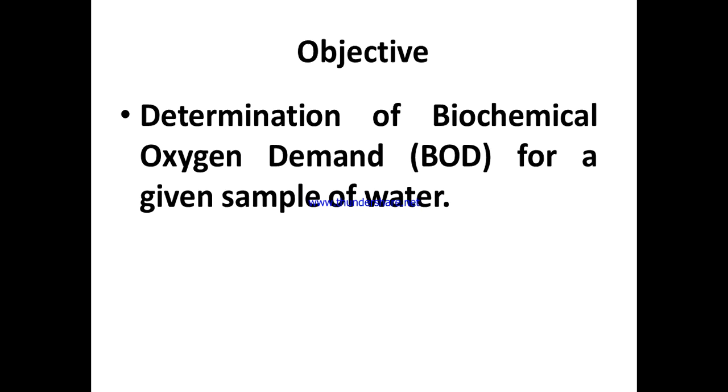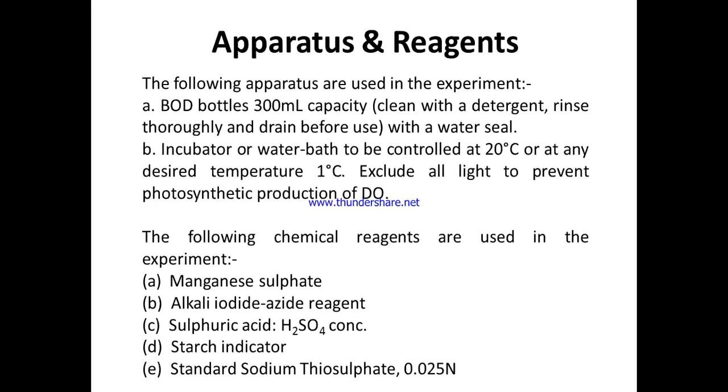First we measure the initial DO level, okay, then we dilute the water sample, okay, and we store it for 5 days, and then we determine the final oxygen level, okay, and that difference between initial dissolved oxygen and final dissolved oxygen multiplied by the dilution ratio gives us the BOD for 5 days at 20 degrees centigrade. Okay, so what are the apparatus and reagents that are involved in the experiment?